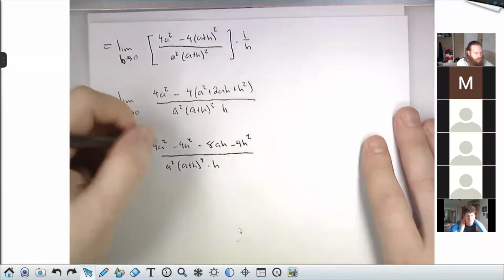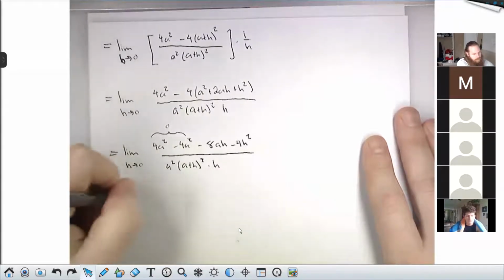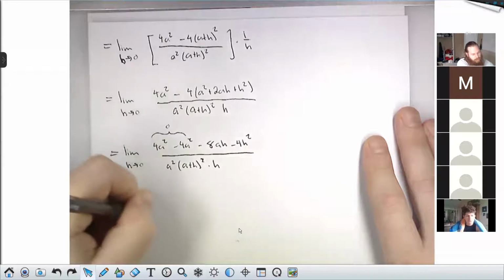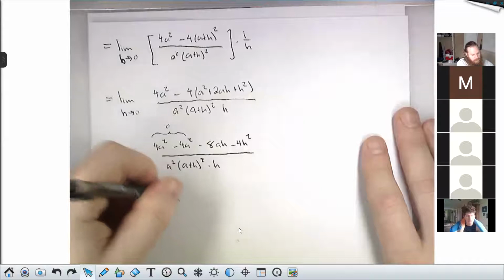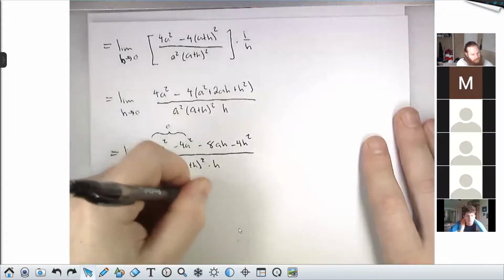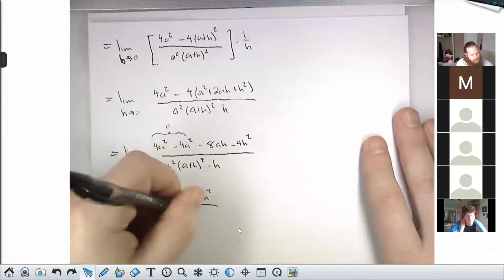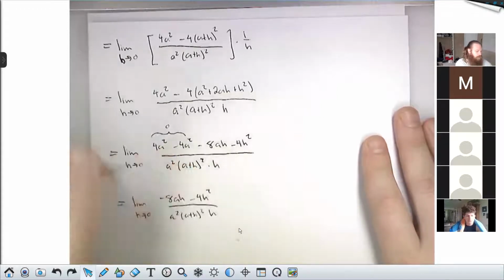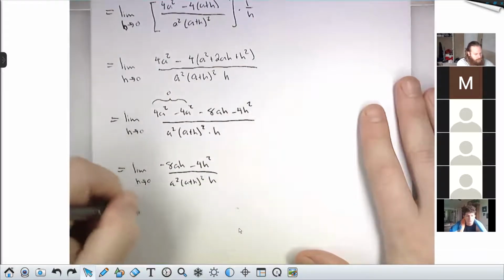The 4a squareds go, and we get the limit as h goes to 0 of negative 8ah minus 4h squared over a squared (a plus h) squared times h. And we can factor out an h, cancel at the bottom.